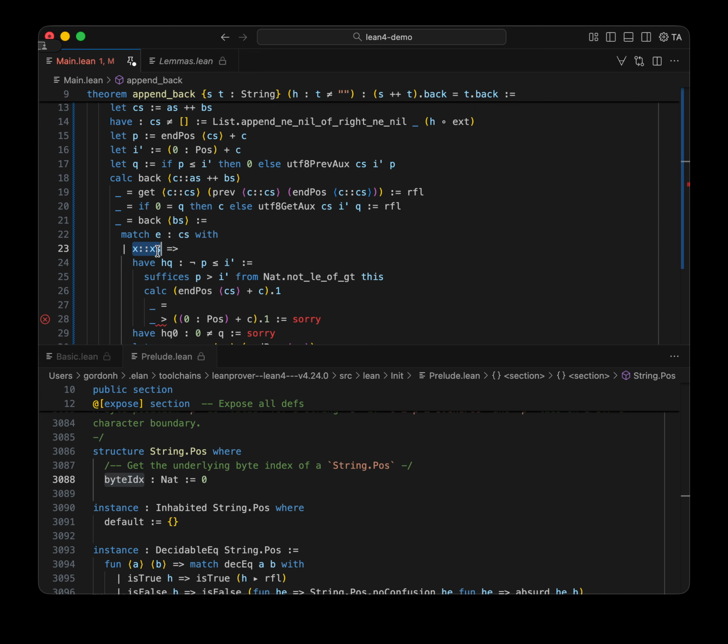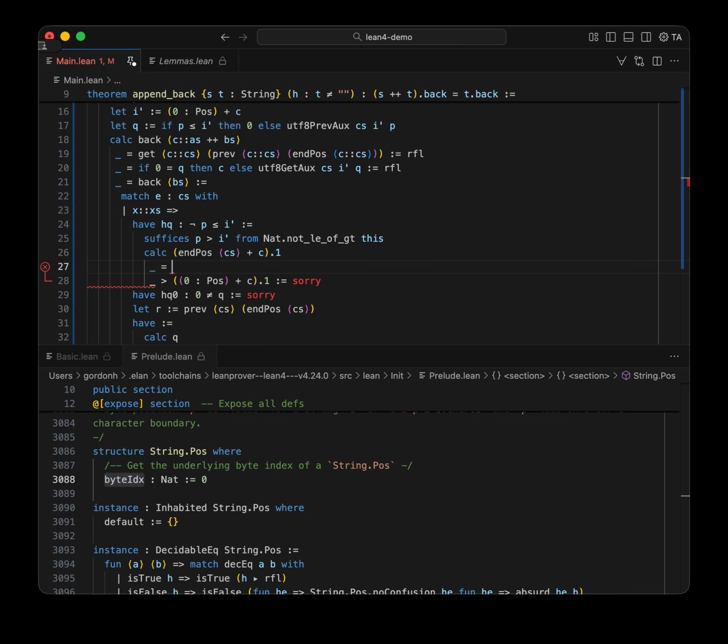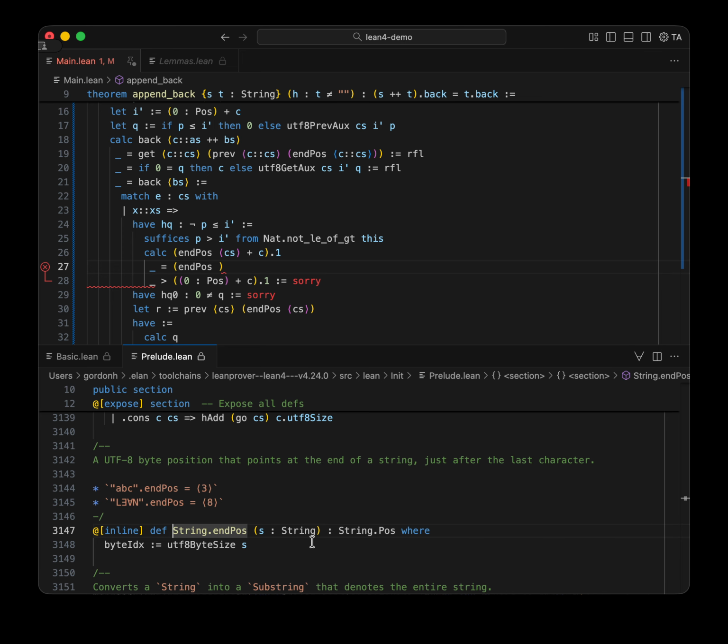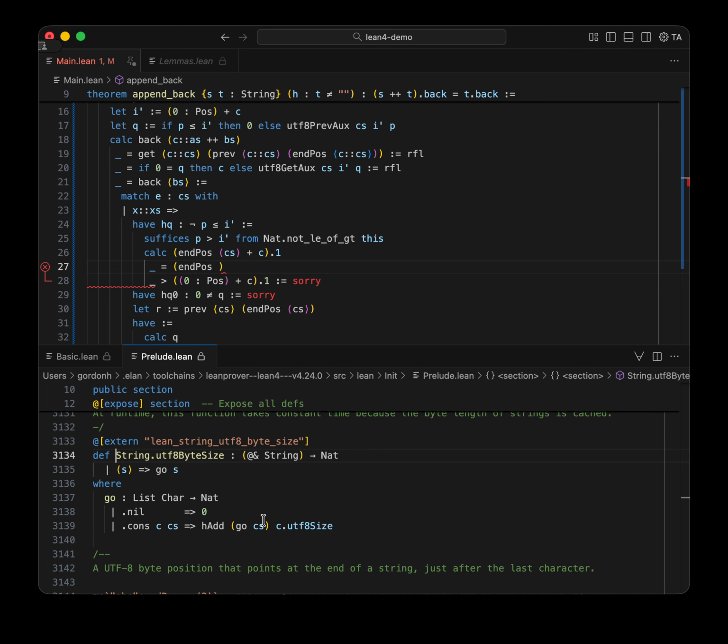Plus C. Okay, wait a moment, let me think. By definition, n poses CS. It should be adding C. Oh, we're already there.